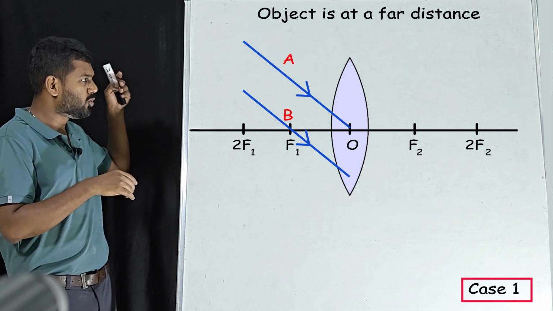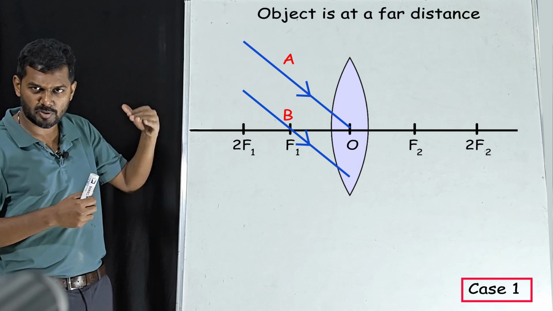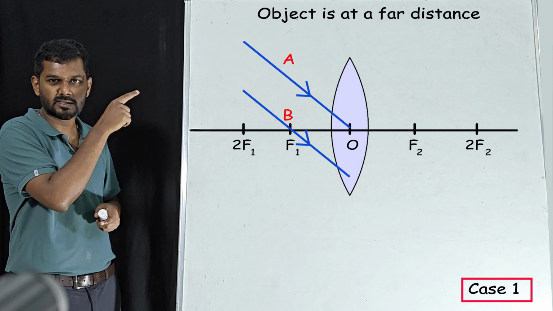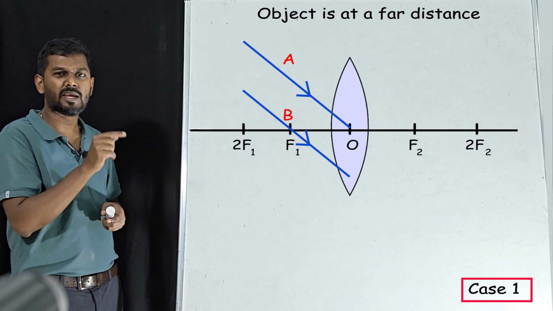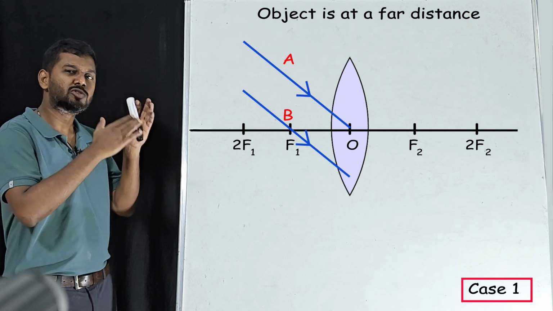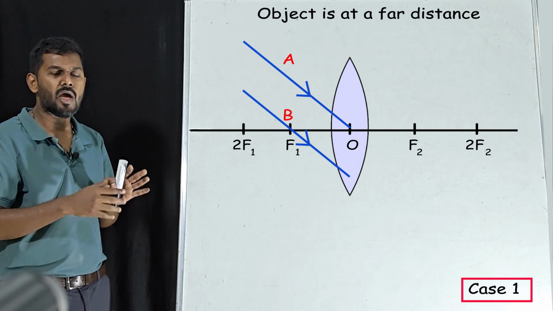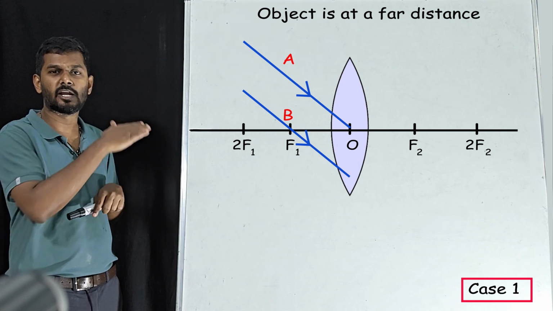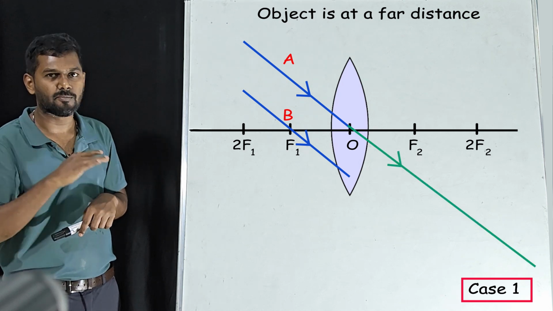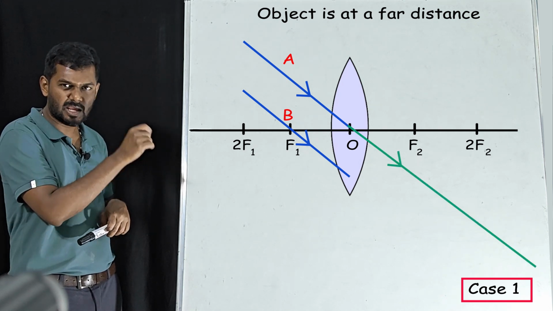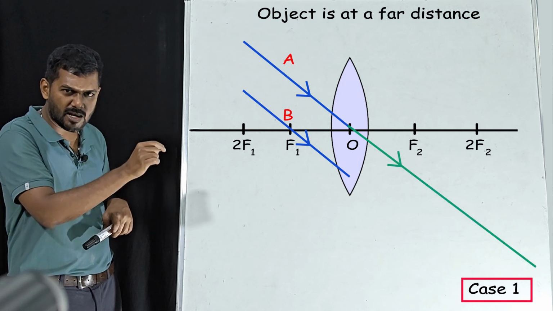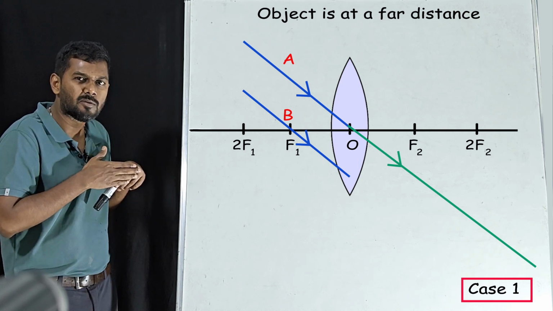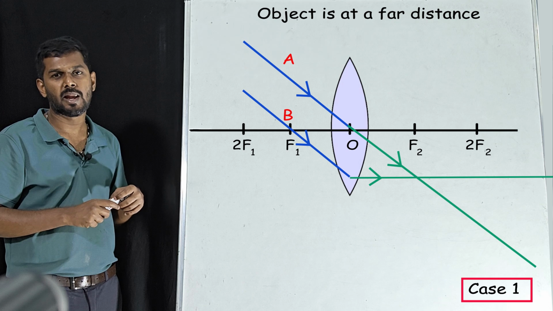Too far means two rays will not be parallel to the principal axis, but one of the rays is passing through the optic center. That is nothing but ray A. Ray B is not parallel to the principal axis. So what happens? We know if it is passing through the optic center, there will be no deviation. It passes straight. Next, ray B, if it is not parallel to the principal axis, what happens? After refraction, it becomes parallel to the principal axis.